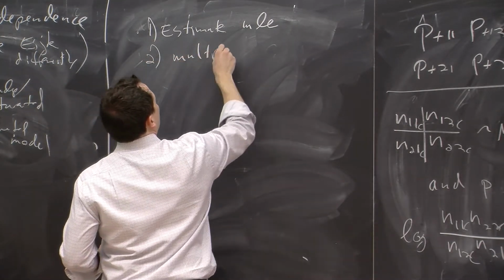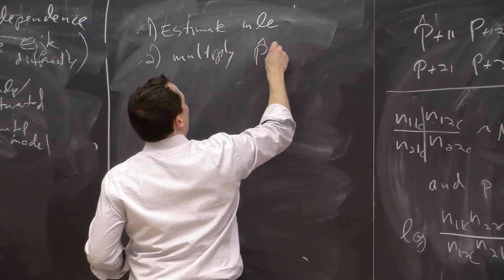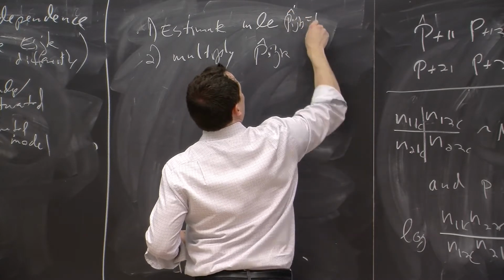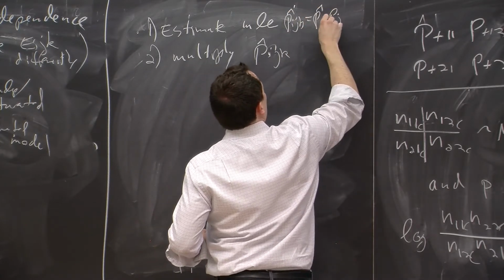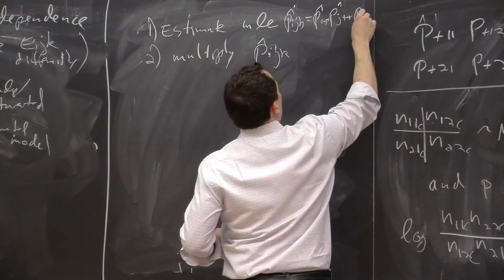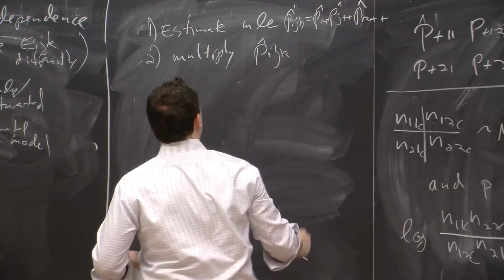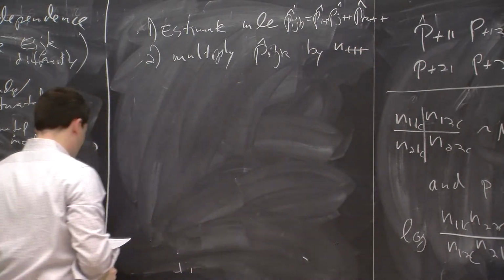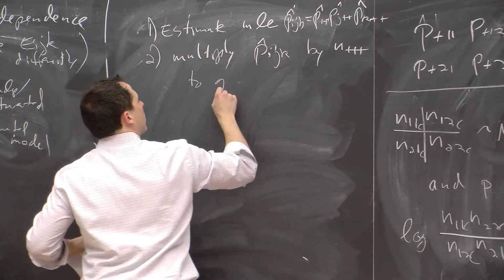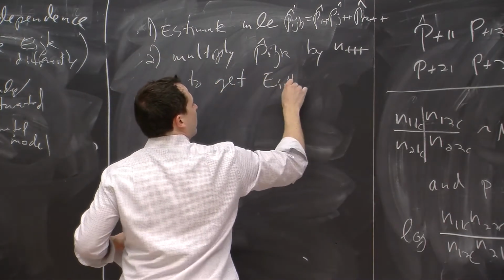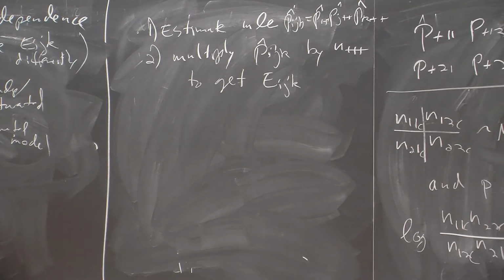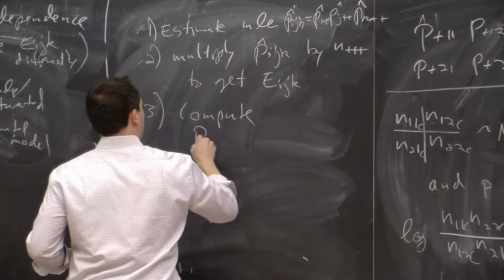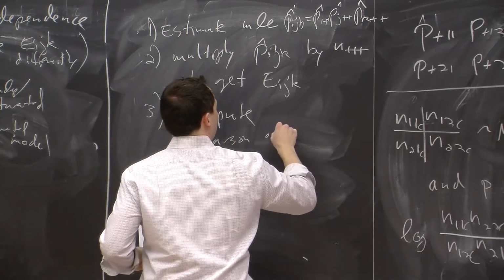Pijk hat equals Pi plus plus hat, P plus j plus hat, P plus plus k hat. Multiply this by the grand total to get expected counts for every cell under the independence model, and then compute Pearson or deviance.